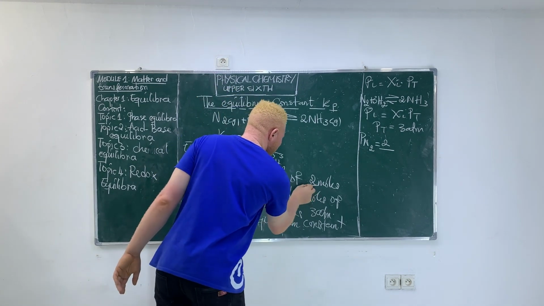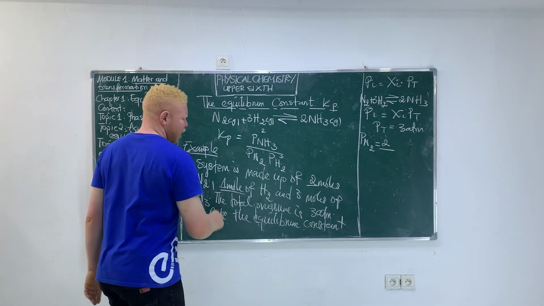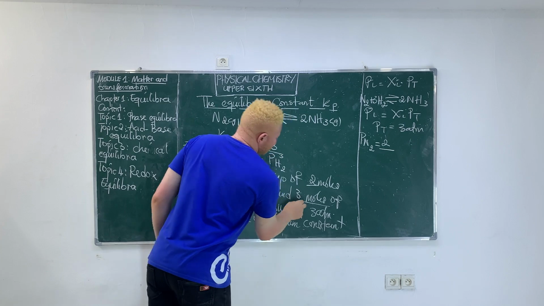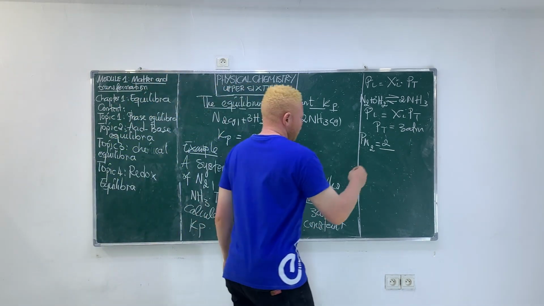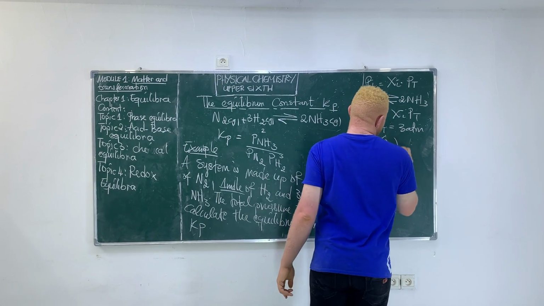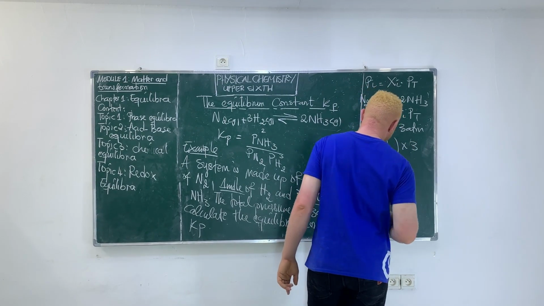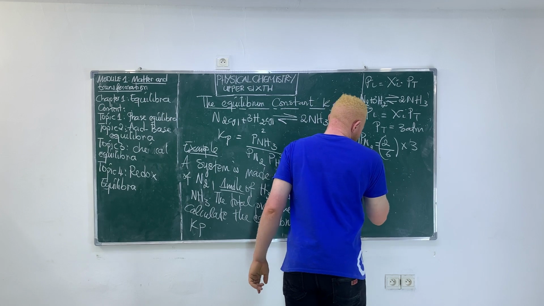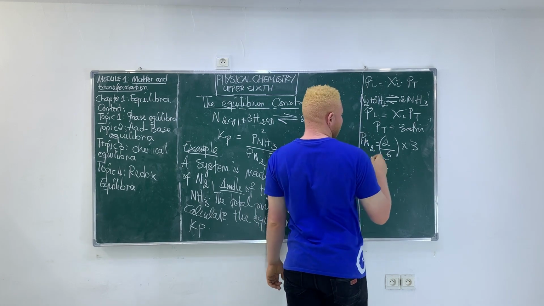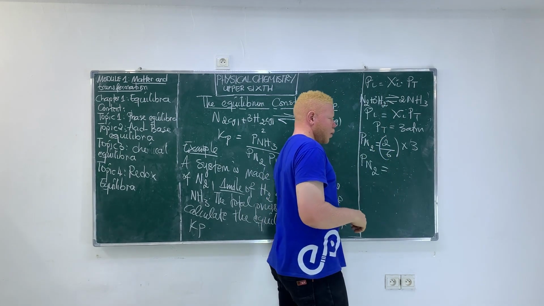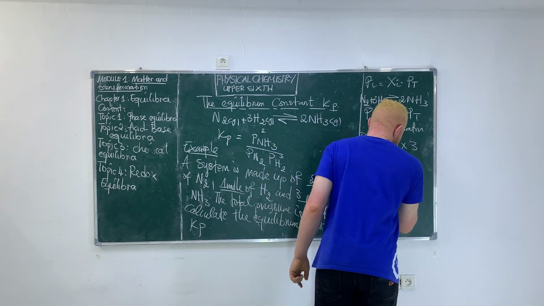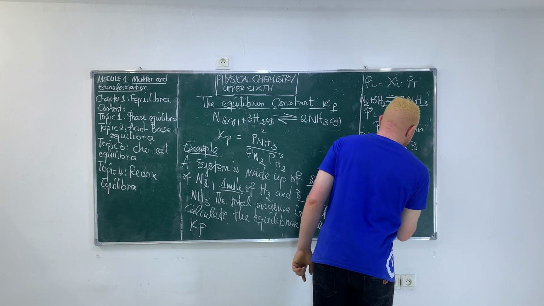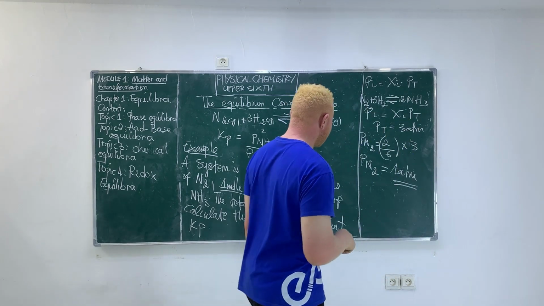We have 2 moles plus 1 mole, that is 3 moles, plus 3 moles again, that is 6 moles. That is 2 over 6 times 3. Two times 3 is 6, divided by 6 is 1. So here we have 1 atmosphere. That's the partial pressure for N2.